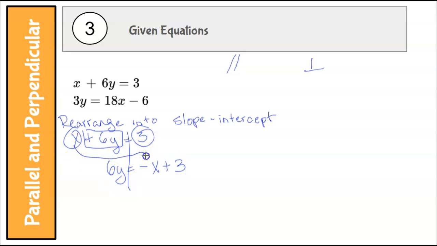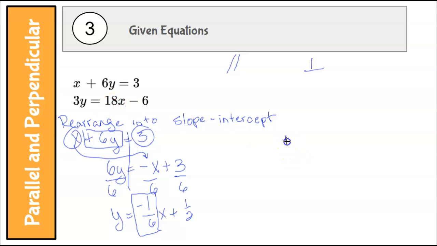The x moves to the other side and becomes the opposite sign. Divide everything by 6. Y equals. Now, there's no number here, so I'm going to make that a 1. I'm going to put x next to it. And then I don't really care what that is because I'm only interested in the slope here. So the slope of this one is negative 1/6.